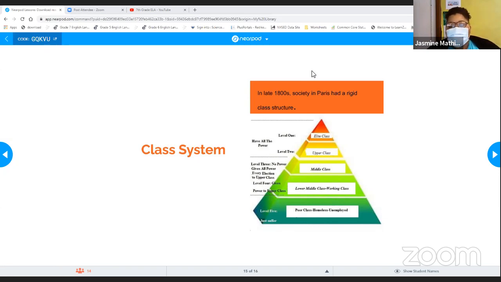However, the difference is we can move up and down the class system. Okay. Any questions about that? All right. I'm seeing some hearty no's, so I'm going to move forward.